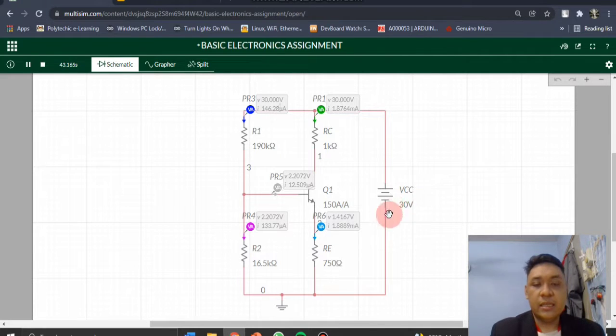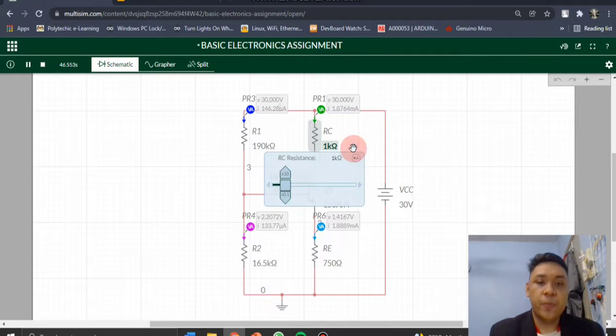So VCC is 30 minus... sorry, for VC I got from 1 over 2 times this 30, so we got 15 volt. So VCC is 30 minus VC, which is 15 volt, over IC which is 2 milliampere. So here I got 1 kilo ohm.